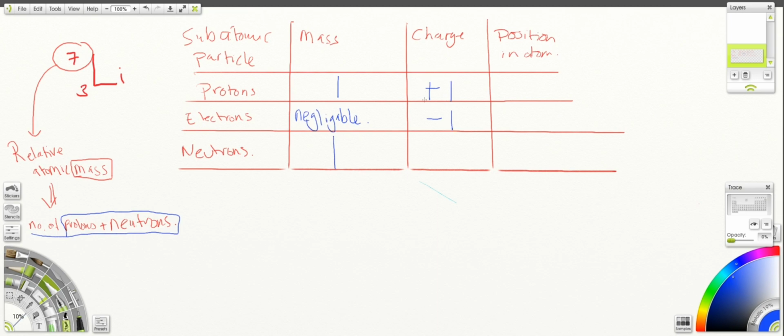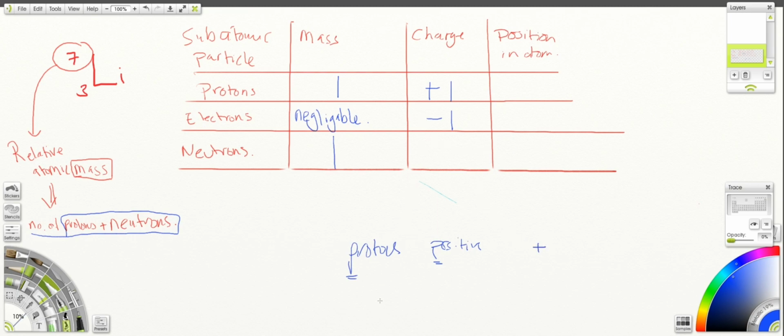If you remember that protons have a positive charge, and if you're in a positive mood, that's a plus thing, so that's a positive charge.